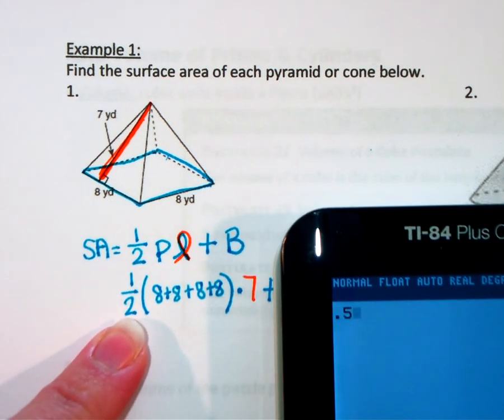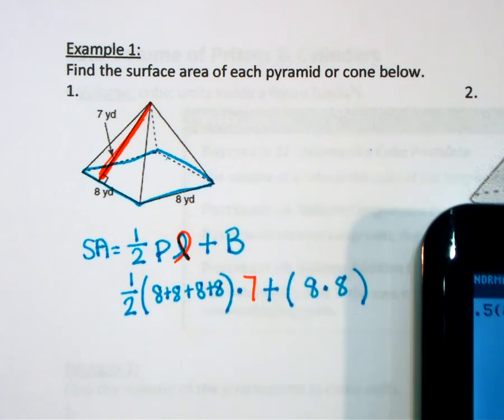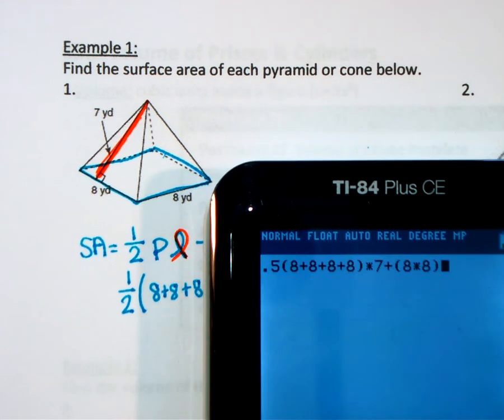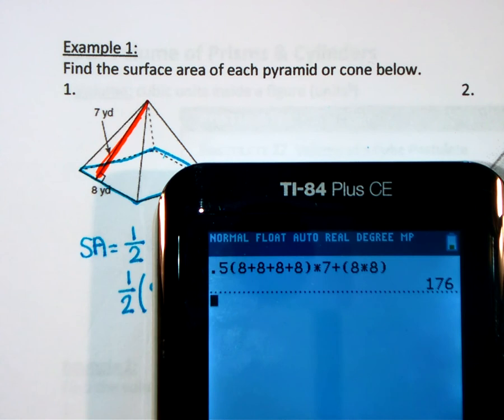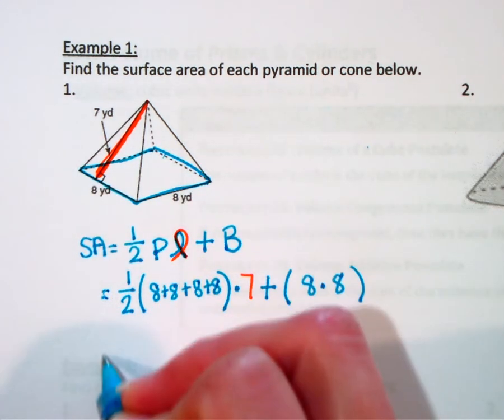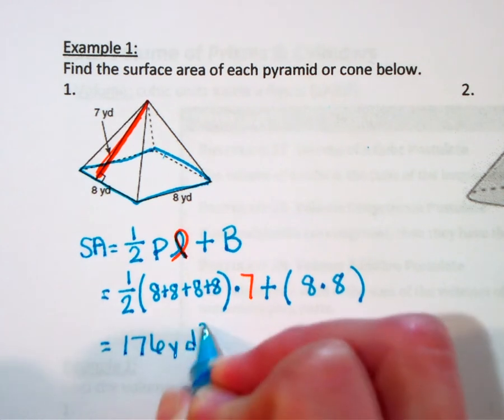There's parentheses, so 0.5 for the half, parentheses, type it in just the way it looks, plus 8 times 8, you can put parentheses if you want, and get your answer, which is 176. We're still doing surface area, so it's 176 yards squared.